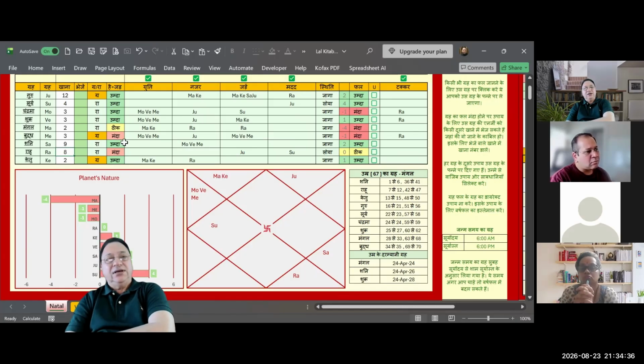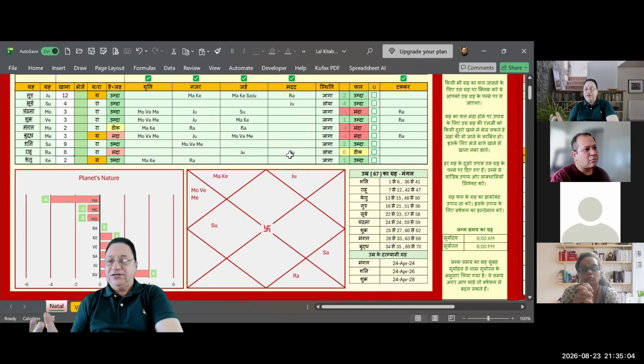That means I know now in this chart, Jupiter is good, Sun is good, but Moon is not so good, it is bad. Shukra is good, Mangal is bad, Mercury is bad, Saturn is good, Rahu is okay, and Ketu is good.